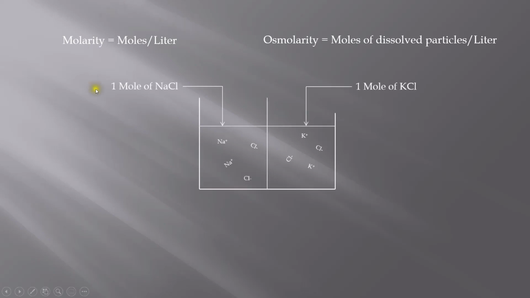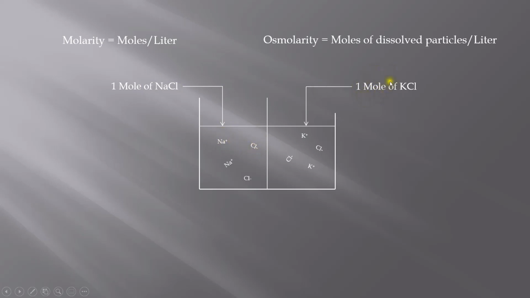So if we take 1 mole of sodium chloride, that means that we have Avogadro's number of sodium chloride molecules, that's 6.02 times 10 to the 23rd approximately, and we dissolve that in water, sodium chloride dissociates. So now we don't have just 1 mole, we have 1 mole of sodium ions, but we also have a mole of chloride ions.